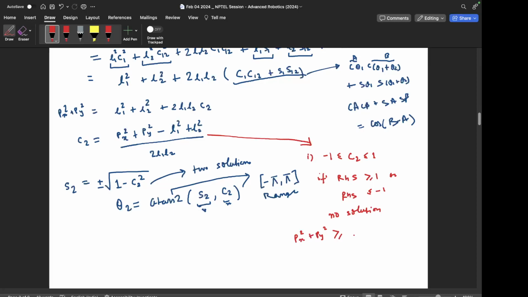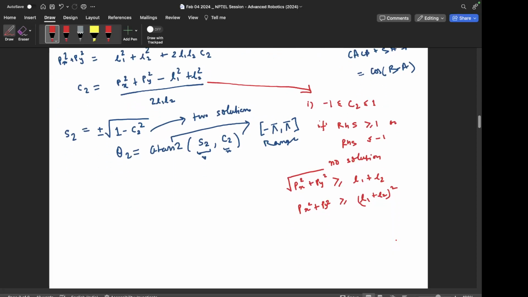So the total length of manipulator is, what's the maximum distance it can reach, right? So the distance of the point from the origin, the end effector point that we want to achieve, is root of px square plus py square, and the total length of the manipulator is L1 plus L2, right? So if px square plus py square is greater than, squaring both sides, we get L1 plus L2 whole square, right?